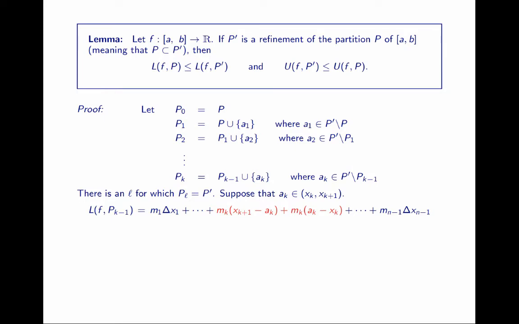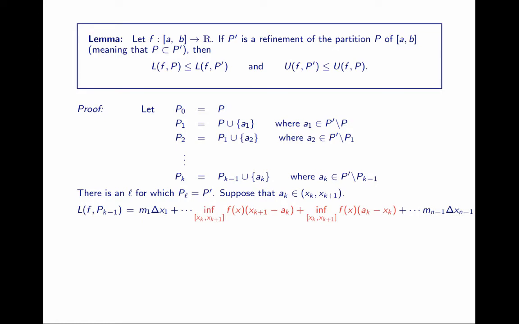Then let's distribute m_k. Now, remember what m_k is. m_k is the infimum over that interval, the interval from x_k to x_(k+1). But now I'm multiplying it by the length of a subinterval of the original subinterval. Remember, a_k is between x_k and x_(k+1).